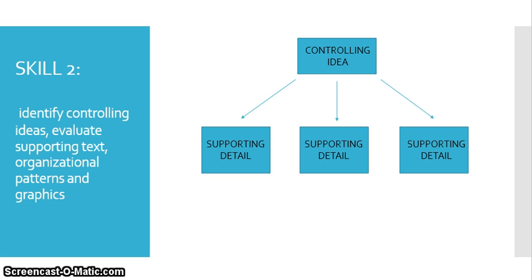Supporting details are there to add support or extra information about the main idea, or to prove a point raised by the main idea. Be careful to avoid extraneous details. An extraneous detail or irrelevant detail does not constitute a vital or important part to the text and does not directly support the main idea.